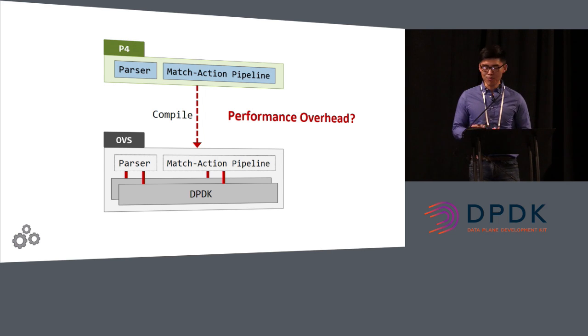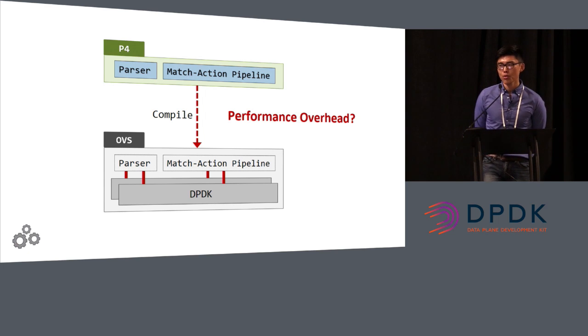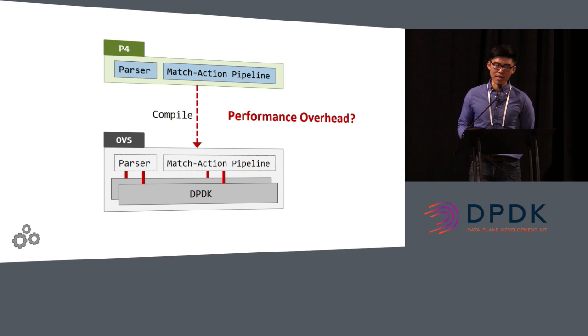There must be a performance overhead compared to a very experienced software developer who wrote all the code by hand in OVS. So what I wanted to do is show you what the performance overhead is, if it exists, and how much it is, which we define as the cost of programmability, because we're adding some cost to gain the flexibility and ease of programming the packet processing logic.